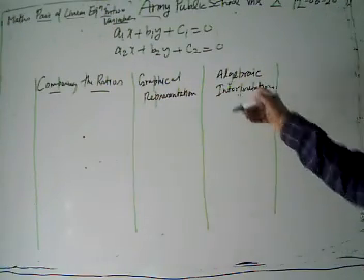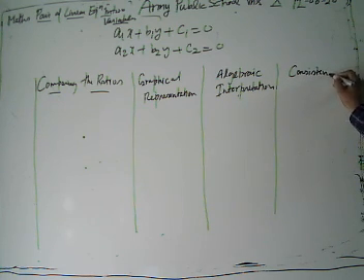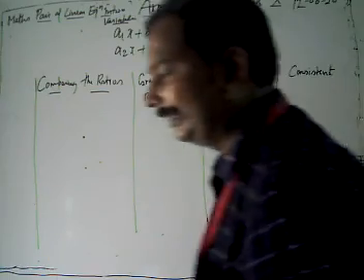Then, what is its algebraic interpretation? In the first column we compare the ratios, then we look at the graphical representation and the algebraic interpretation. And then we talk about whether our system is consistent or inconsistent.